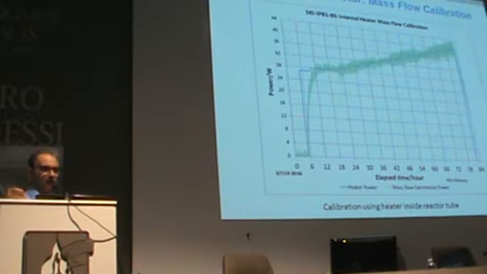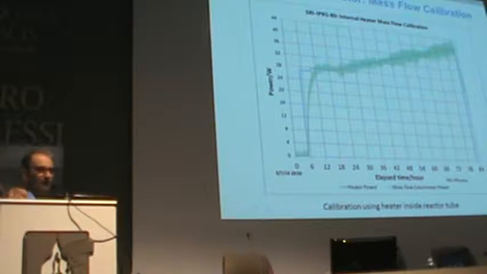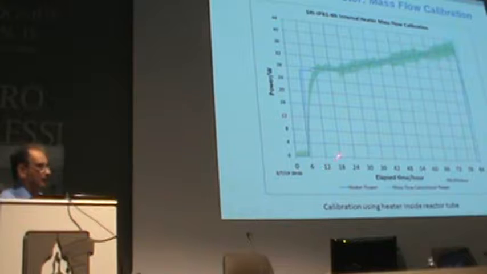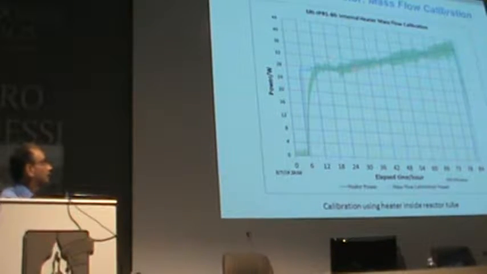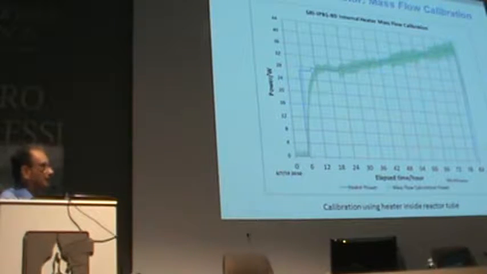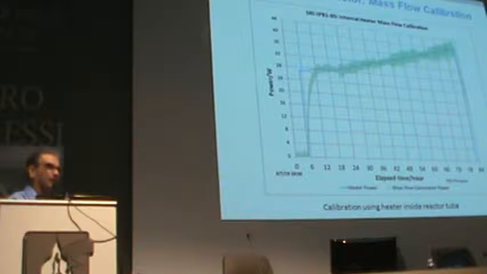So this is what one of the mass flow calibrations looks like. This came from those external band heaters that I pointed out on the outside of the heat spreader. As you can see, the heat put in, these are 6-hour steps, and the calorimetry from, I'm going to refer to mass flow calorimetry from the outer jacket.